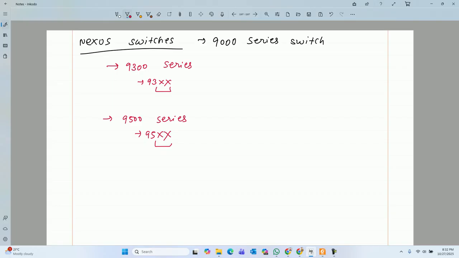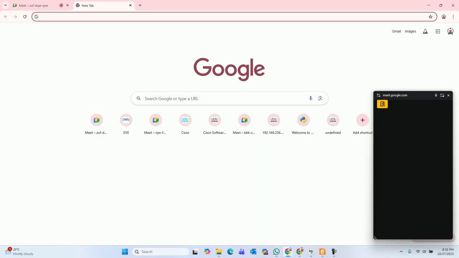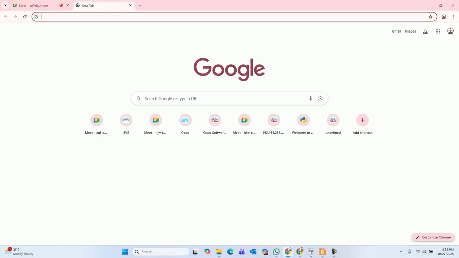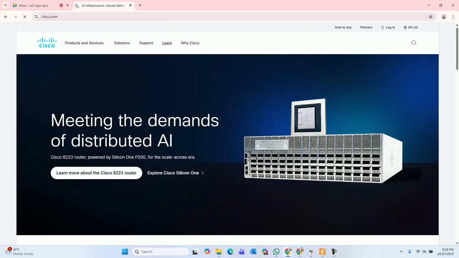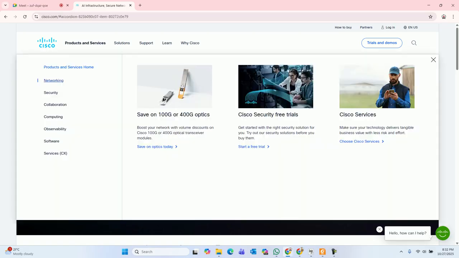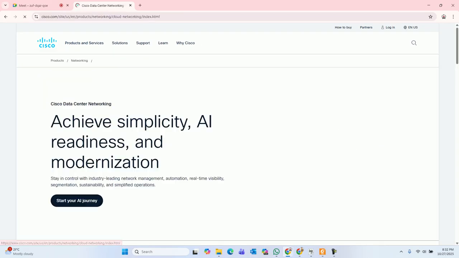But first we have to understand a few fundamental things about these Nexus switches. I think I've already given you this introduction in the Nexus class also, that whenever we are going to buy a Nexus switch, we always see naming conventions, different names, and then we have to choose a platform. Let's say we visit the cisco.com website, the official website of Cisco, we go to products and services, networking, data center and cloud networking.